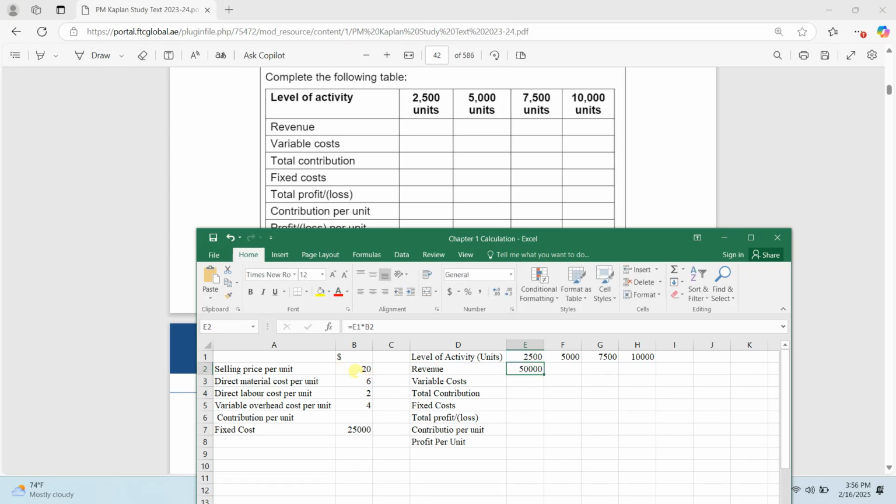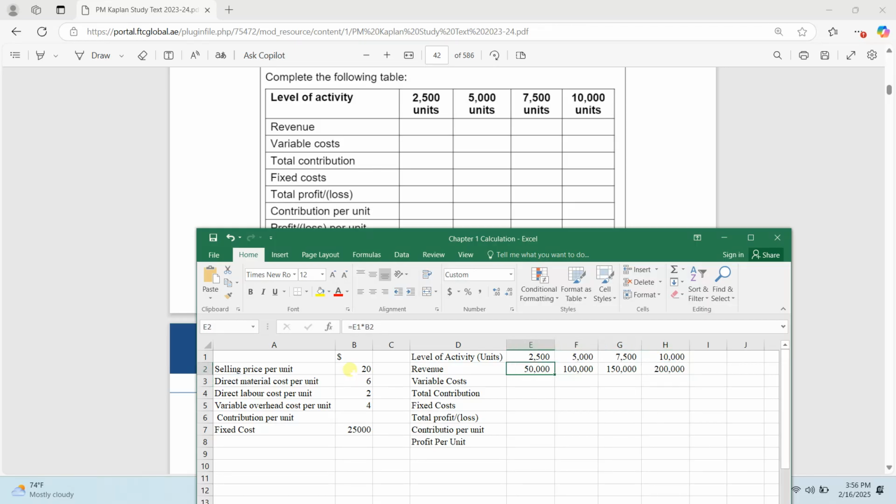My revenue is 50,000. I'm not using the dollar sign as a shortcut to make it simpler for everyone. So revenue is number of units multiplied by sale price; this is my total revenue.